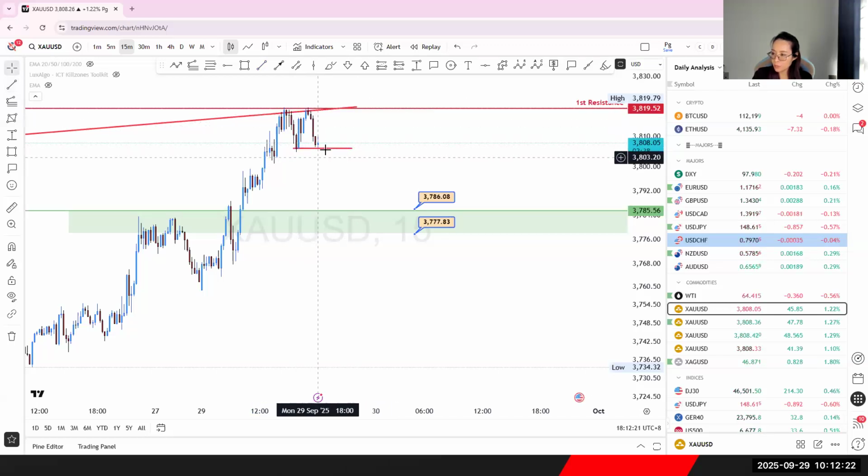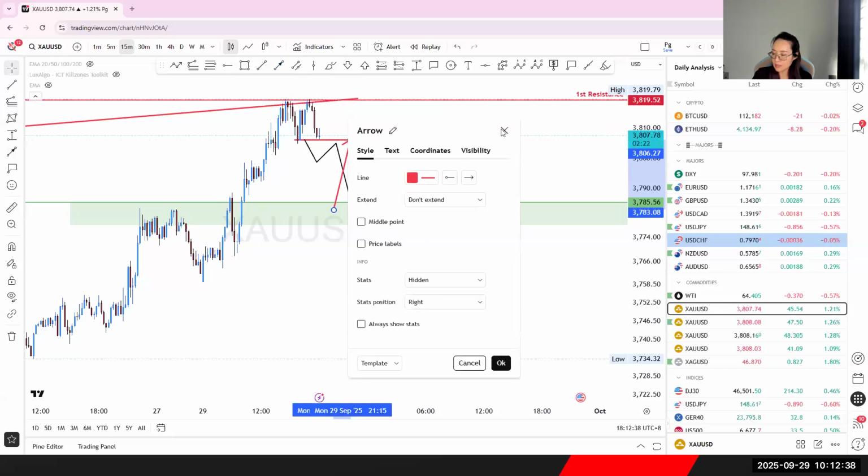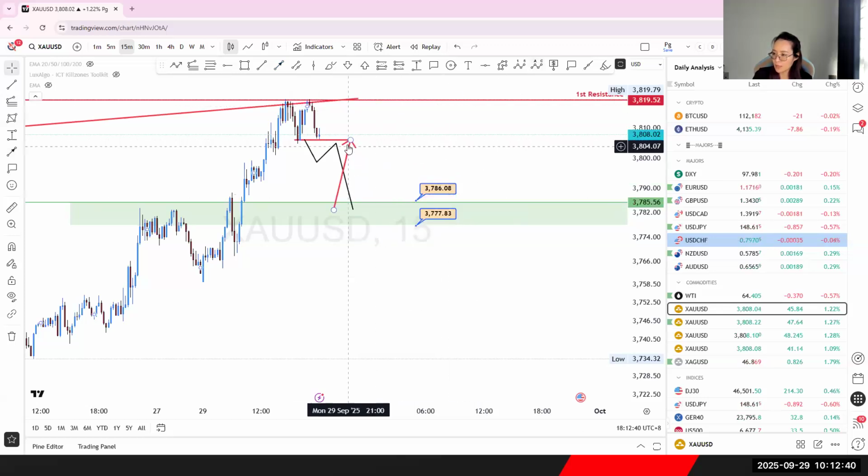Either they break below, you pull back, you sell, you target here. Or all the way down. Okay, and then you wait for the buy entry here. If you were to buy, this is going to be your take profit at the neckline first, TP1 for the buy entry.